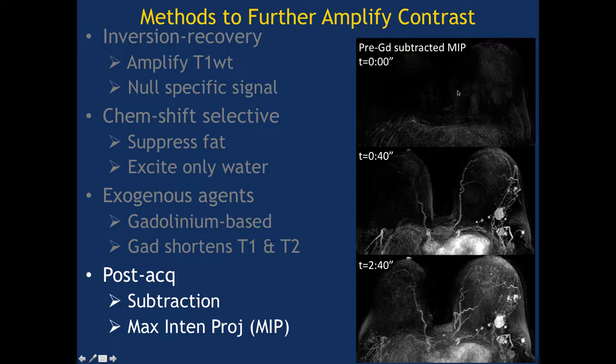Here, a three-dimensional view of the breast where we've collapsed the data in the third dimension, and you can really easily detect these small lesions thanks to a little contrast being added, and we can do that dynamically. So there are many ways to manipulate the contrast beyond simply adjusting your TR and your TE. But TR and TE and manipulation of timing are the key ones that I like to point out.